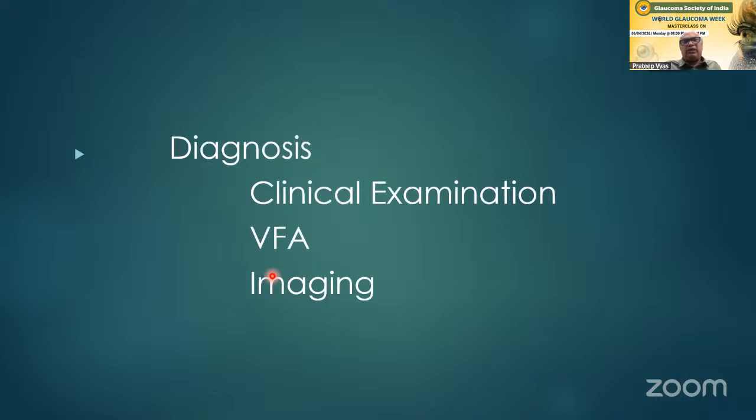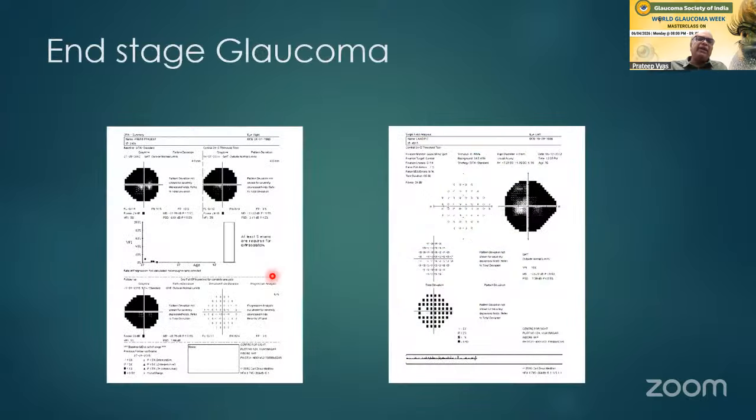So how to diagnose this? Obviously, the clinical examination is very critical, along with visual field evaluation and imaging technology. Look at this field. Routinely we advise our patients to go for the 24-2 programming. But in 24-2 programming, because the resolution is very poor, the floor is very close.